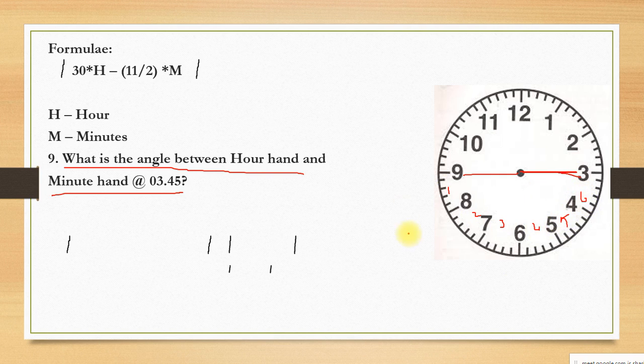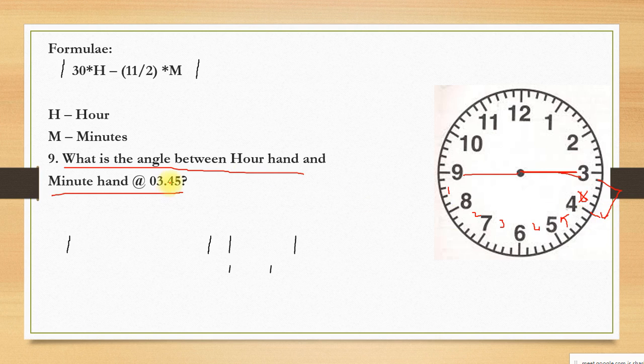So 6th: 1, 2, 3, 4, 5, 6. I hope it is 180. Am I right? I hope. So I should not take this division, only up to here I have to take. So 5 times 30, which is nothing but 150, and I need to find out this particular value.